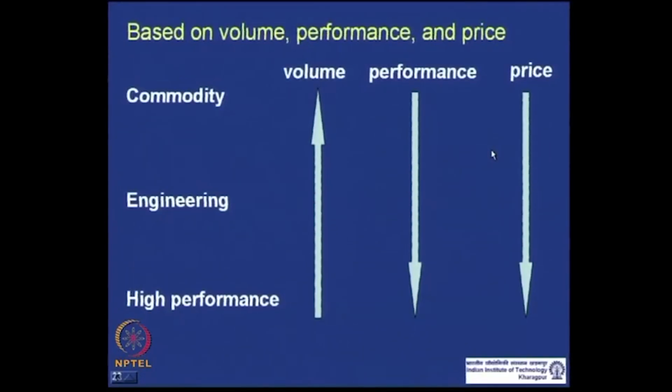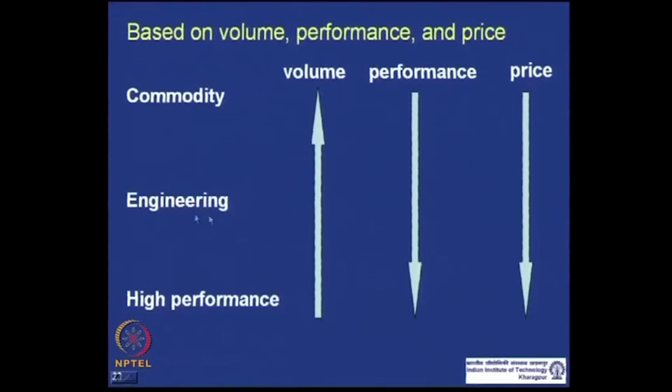Based on volume, performance and price, polymers can also be categorized into three classes. Commodity polymers are the polymers which you see in everyday life, all the time: bottles, buckets, shoes, clothes and all these things. They are used heavily in large volume, so the price is low and performance is also not so good compared to the other classes of polymers.